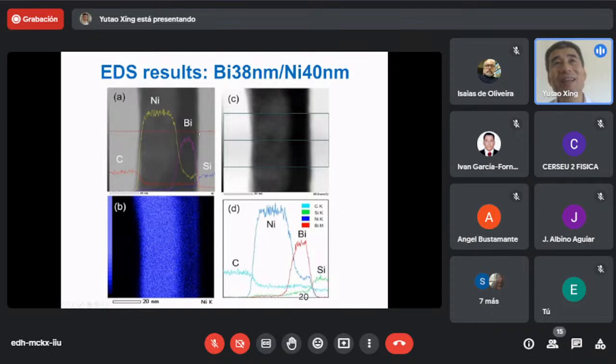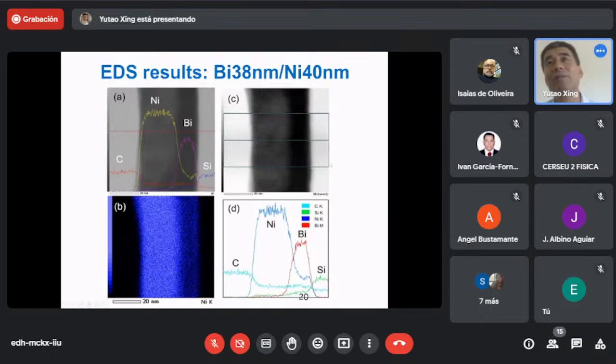When I did the line scan, of course, the result shows clearly that the nickel increased at the interface of silicon and bismuth. But other people can argue that maybe the line is passing one particle of nickel during sample preparation. Okay, then I also did the average. It's not a line scan anymore.